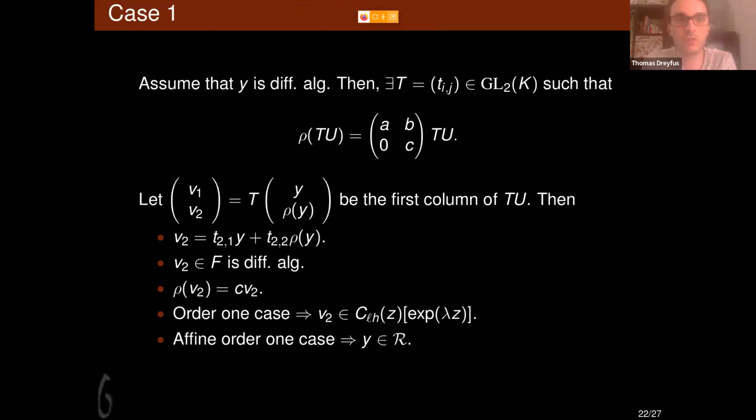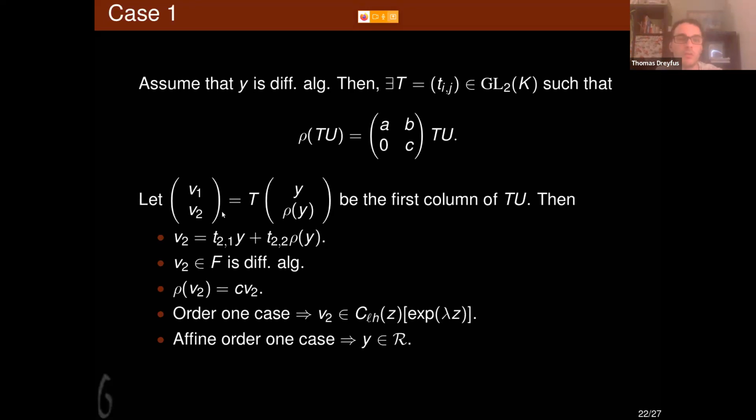So assume that y is differential algebraic, and then I need to prove that y is very simple. So if y is 0, the result is obvious. So let me assume that y is not 0. Variable change that transform your system into a triangular system, because we are in the case where the system is upper triangular. And I consider v1, v2, the new variables.